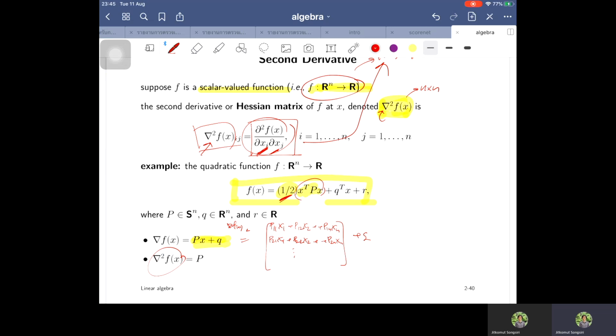So the Hessian is going to be a matrix that has size n by n. If you look at the first row of the Hessian, it's going to be the derivative of the first row of the gradient with respect to x1, x2, x3, dot dot dot xn.